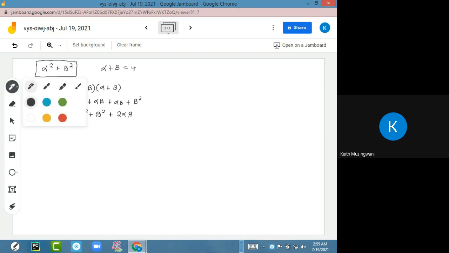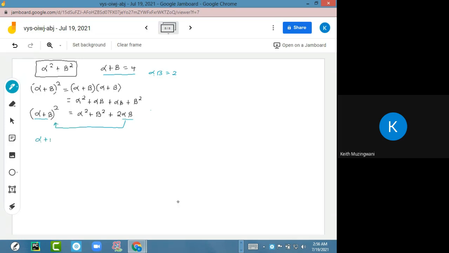If you look at this properly, you notice that this is known, and this also is known. Alpha beta is actually known to be 2. So if we take this side, we'll have alpha plus beta squared minus 2 alpha beta, giving us alpha squared plus beta squared.